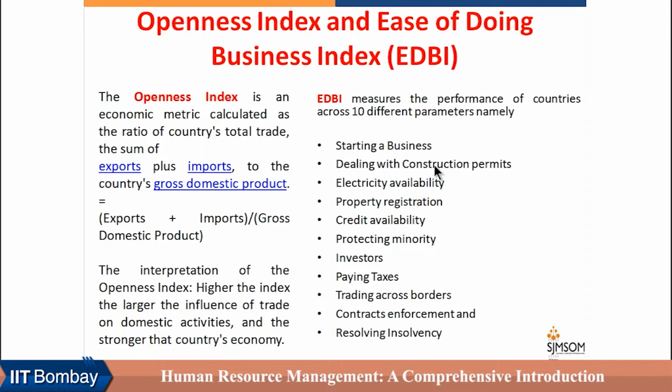Openness index is an economic metric calculated as the ratio of a country's total trade, that is the sum of export plus import, to the country's gross domestic product. So, the higher the openness index, the larger the influence of trade on domestic activities. If openness index is high, the economy will be considered to be more open.